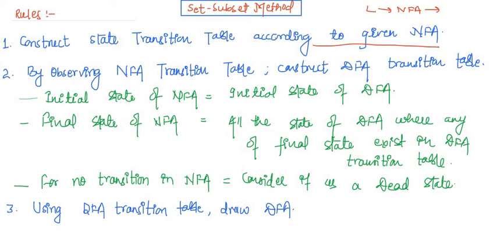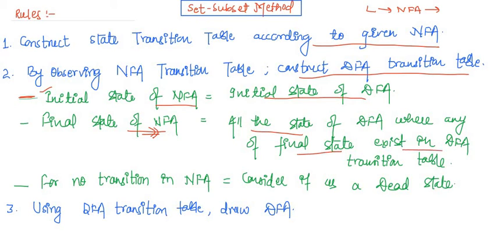The next rule is that by observing the NFA transition table, we construct a DFA transition table, and the steps for this are: we need to take the initial state of NFA as the initial state of DFA. The final states of the DFA are all the states of the DFA where any of the final states of the NFA exists.